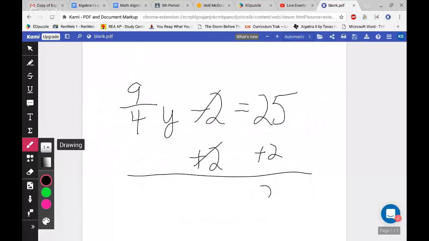And that's going to give me 27 here. And this cancels out. So now I have 9 fourths y equals 27. And to clear this fraction, I'm going to multiply both sides by the reciprocal.